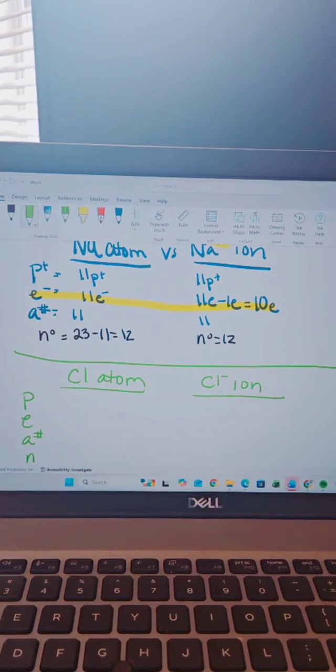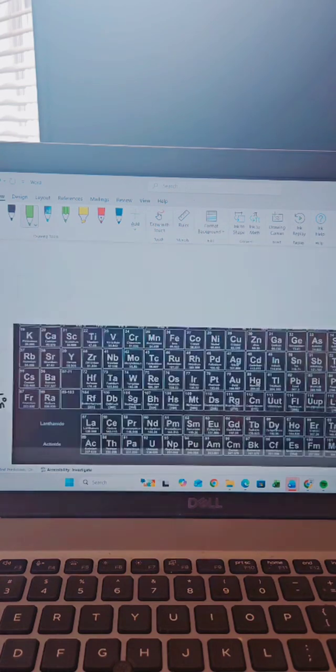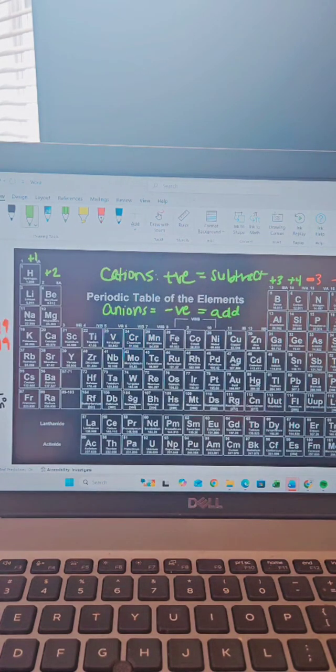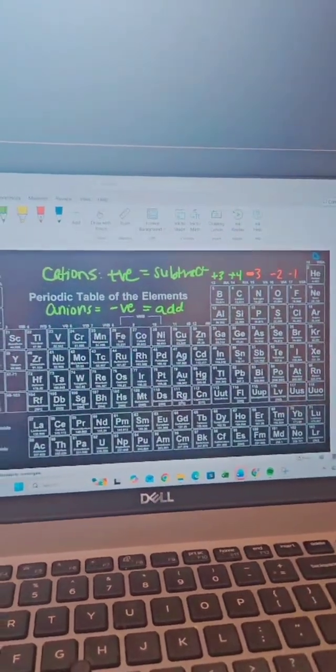So check this out. My protons are the same as my electrons, same thing as my atomic number. So if you look at your periodic table, and I know y'all like, look, Professor TK, I don't have no periodic table on standby. Say less. I'm going to scroll to it so that you all can see it here. So here is chlorine, right over here on this side of town.